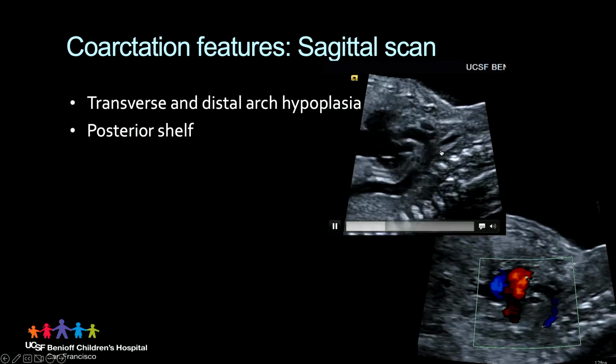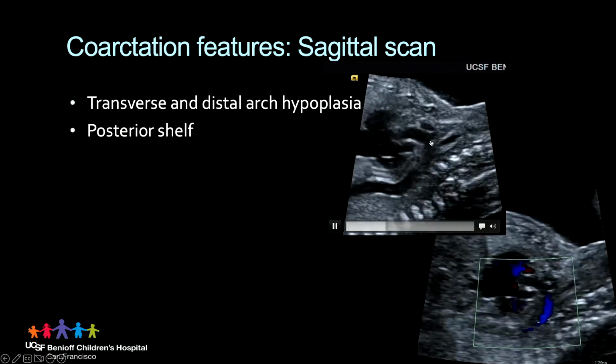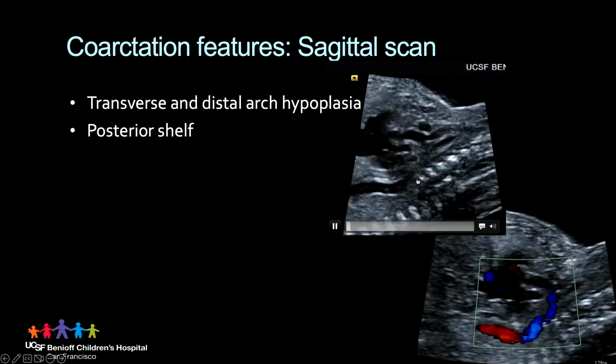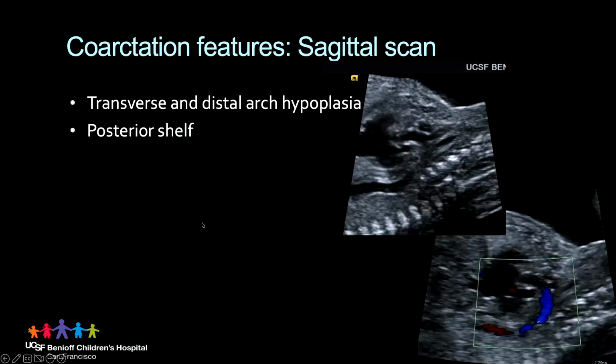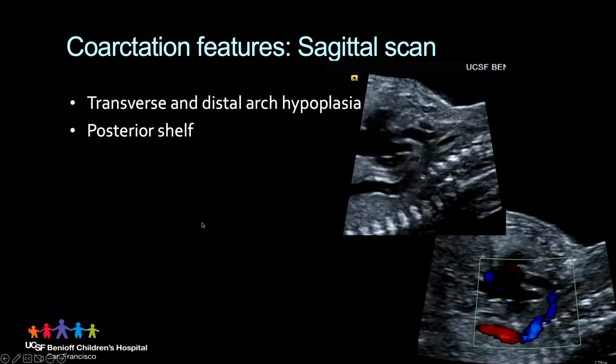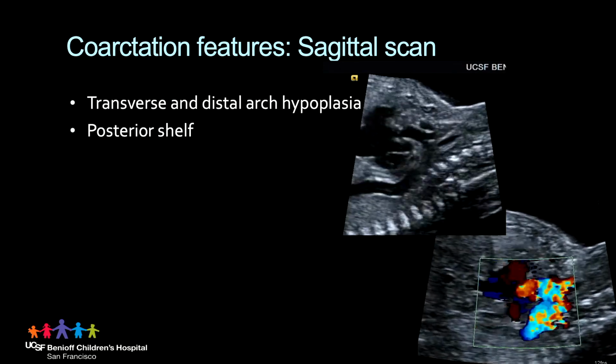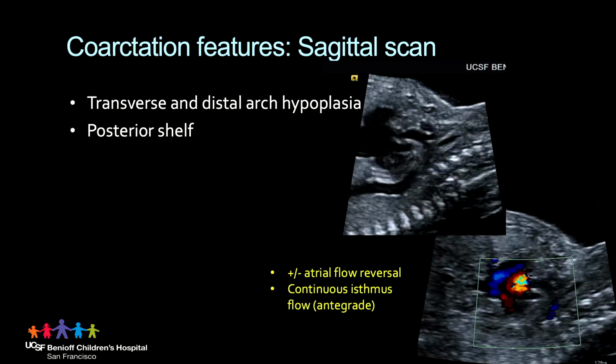And you can see that there is this hypoplastic small transverse arch and then a discrete narrowing here at the isthmus. And you can see where this ductal arch inserts into the aorta as well. If you can get this image, it's really helpful because you can clearly diagnose coarctation of the aorta. Putting color on this image can also be helpful, as we've talked about yesterday and today.